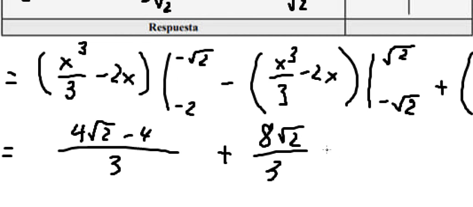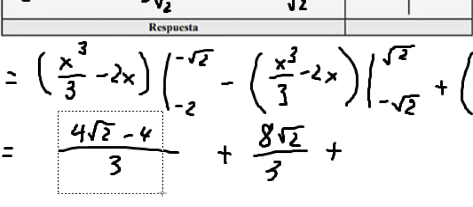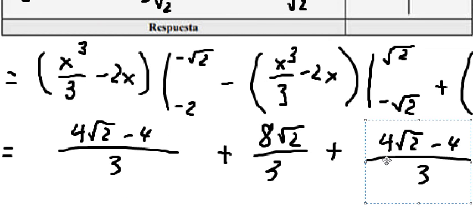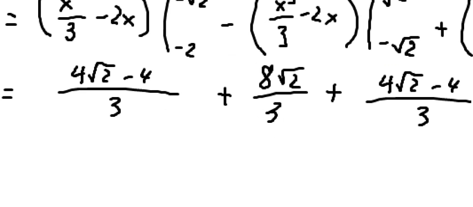And this one we get the same answer. We sum the 3 numbers together and we get 16 multiplied with the square root of 2 minus 4 over 3.